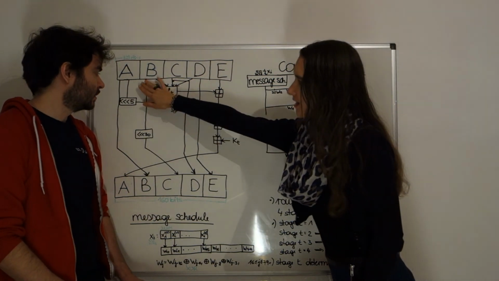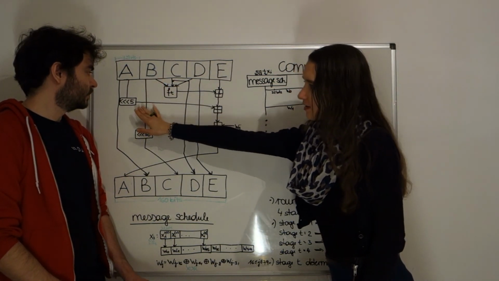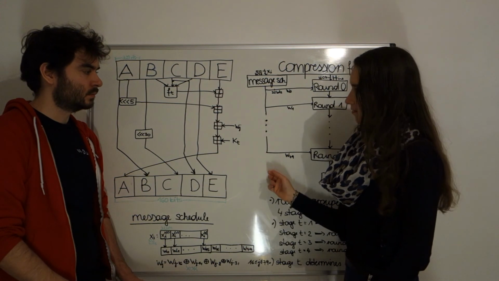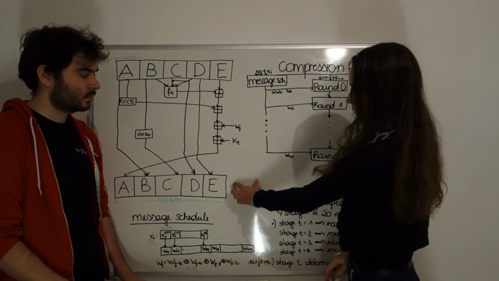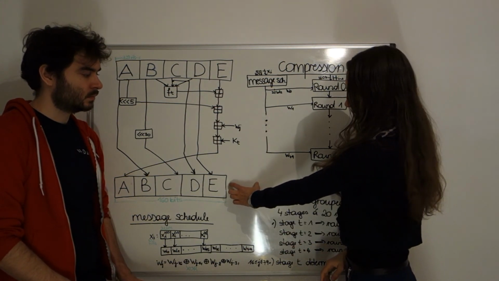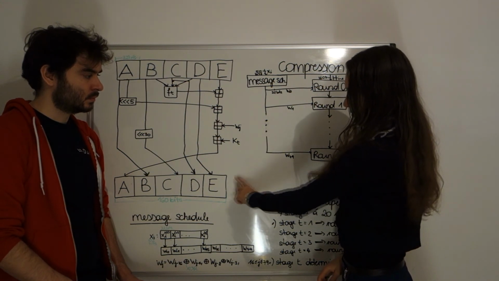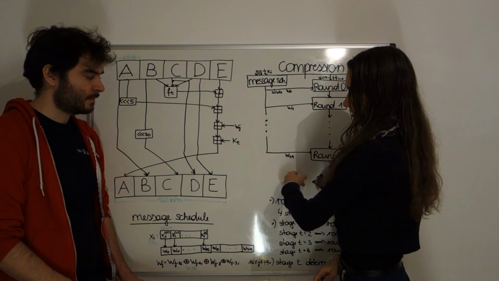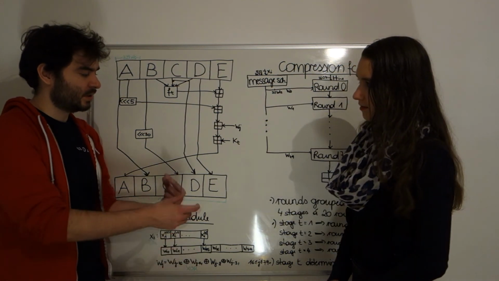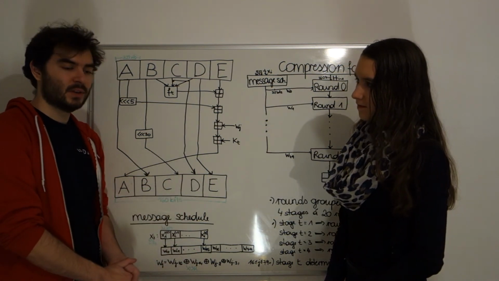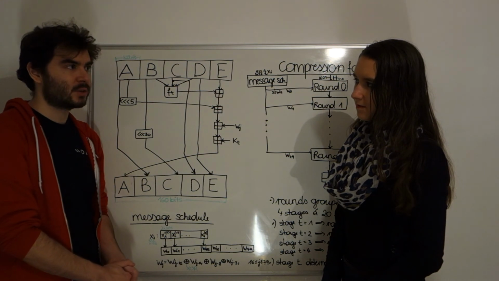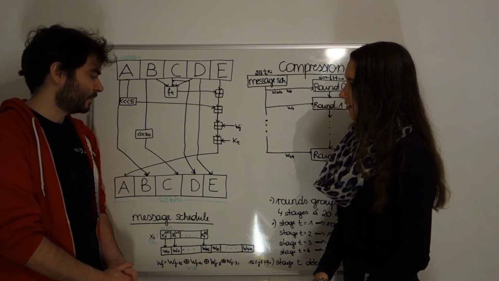Here we take our block A and shift it by 5 bits to the left. This means we take the first 5 bits and put them at the end, so bit 6 will be bit 1. And this is roughly similar to the rotation that we did with the bit cheap hash function that we explained before.